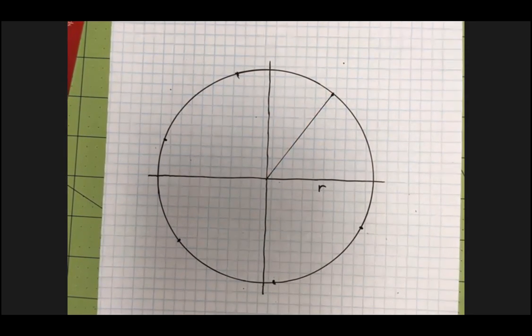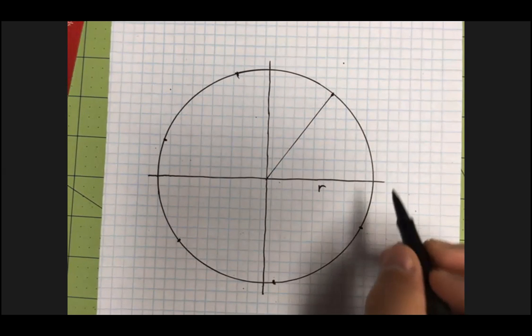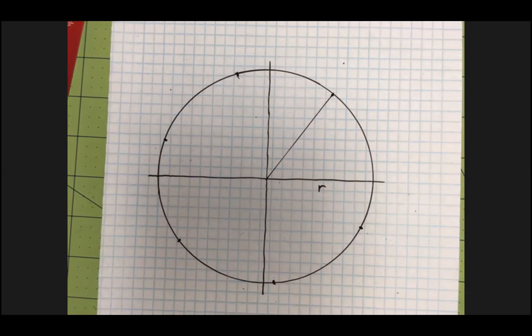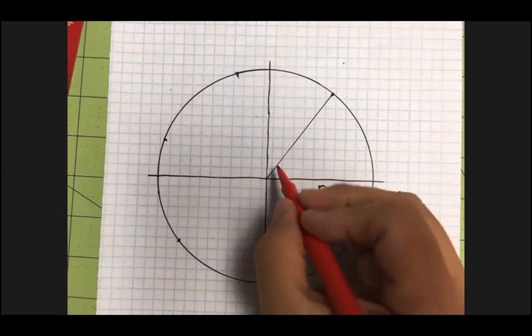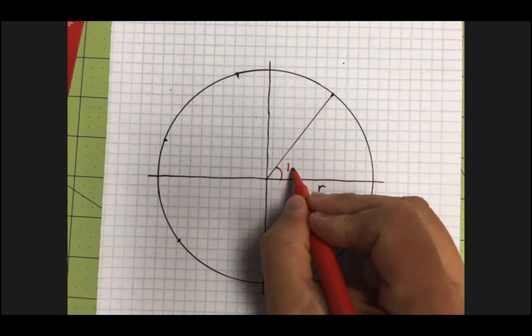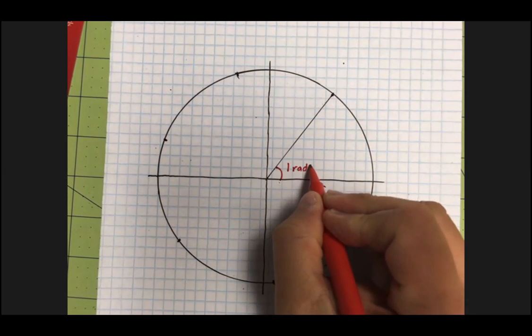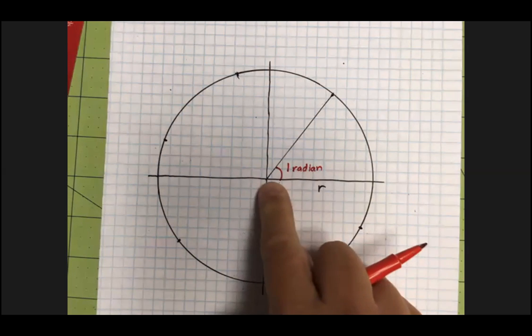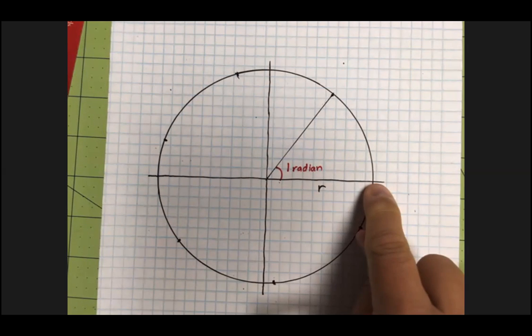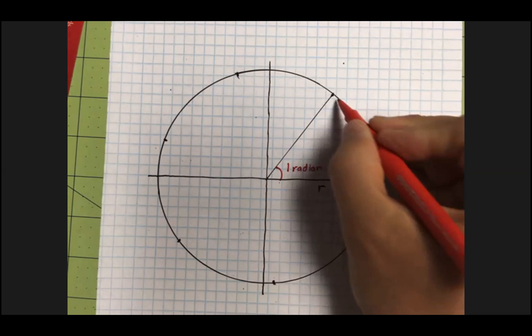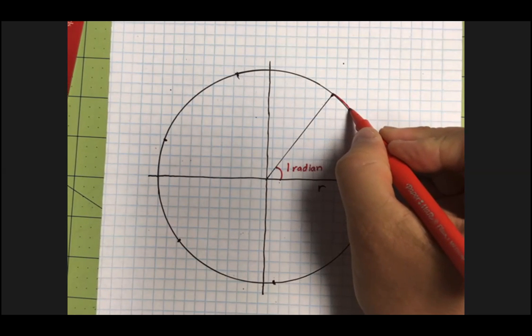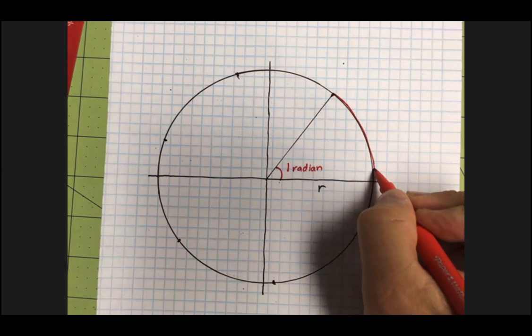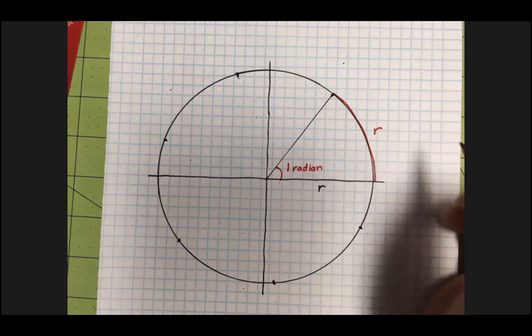Okay, so remembering what a radian is. A radian is the angle you get if you take a circle of radius r and walk a distance r on the outside of that circle.